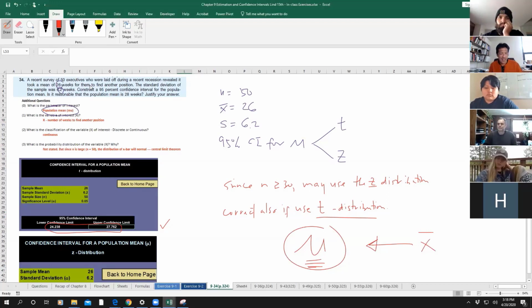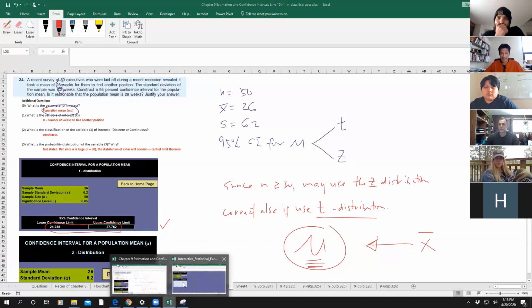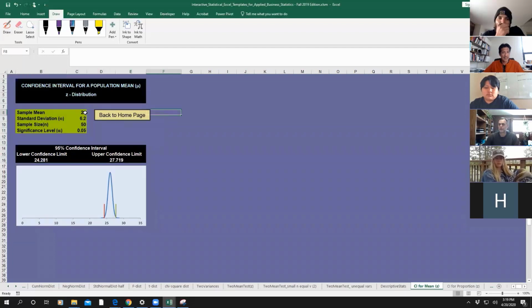Now, hold on. You mean you use the sample standard deviation in lieu of the population standard deviation. In this case, remember that 6.2 was a sample standard deviation.